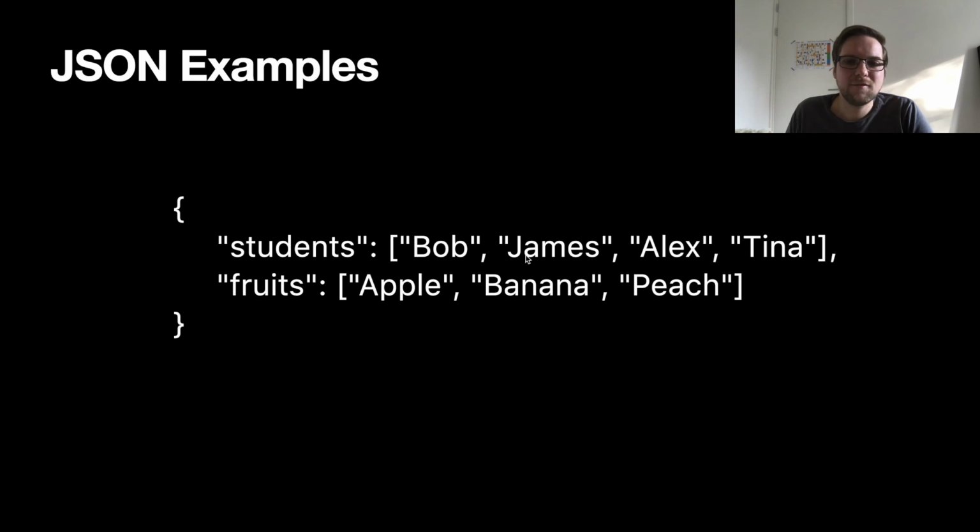So you can see here 4 strings. Then we have the comma here to separate because we finished with the students. And then we have another property in this object. It's called fruits, and it also has an array of 3 strings this time. So here we have an object with 2 properties, and every property is an array of strings.